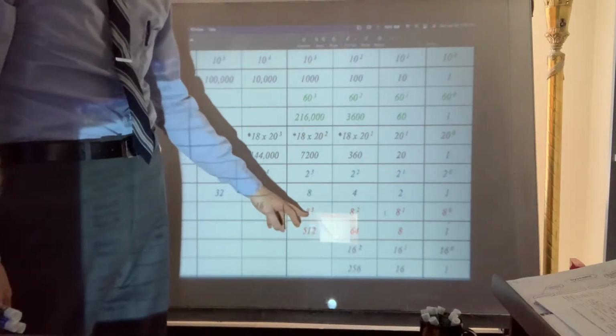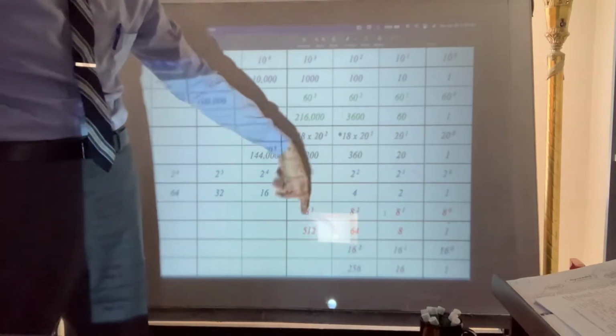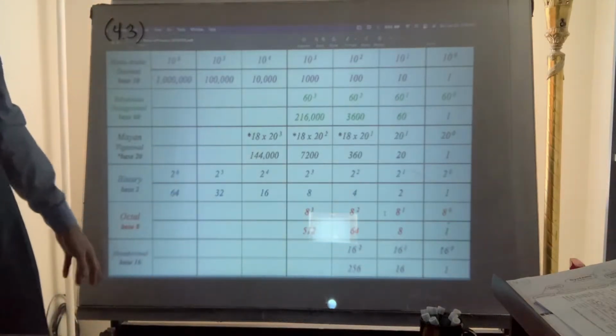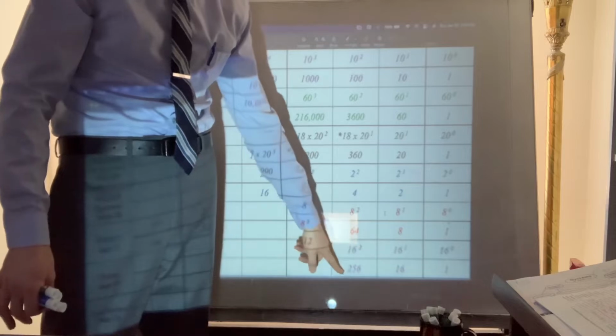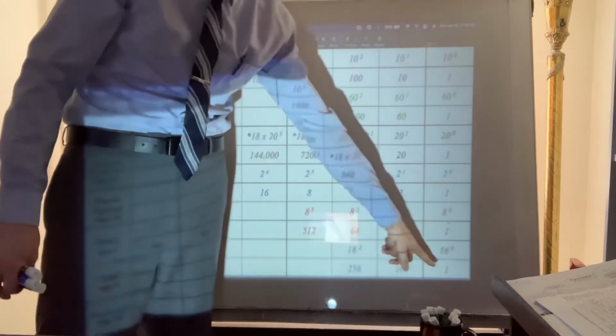But you could figure it out. This is the pattern: 8 to the 0, 8 to the first, 8 to the second, 8 to the third, and that's what they equate to. 16ths, hexadecimal base 16, same thing. Beyond 16 to the second, I hope you don't have to do it too much. But that would be 256, 16, and 1 again.